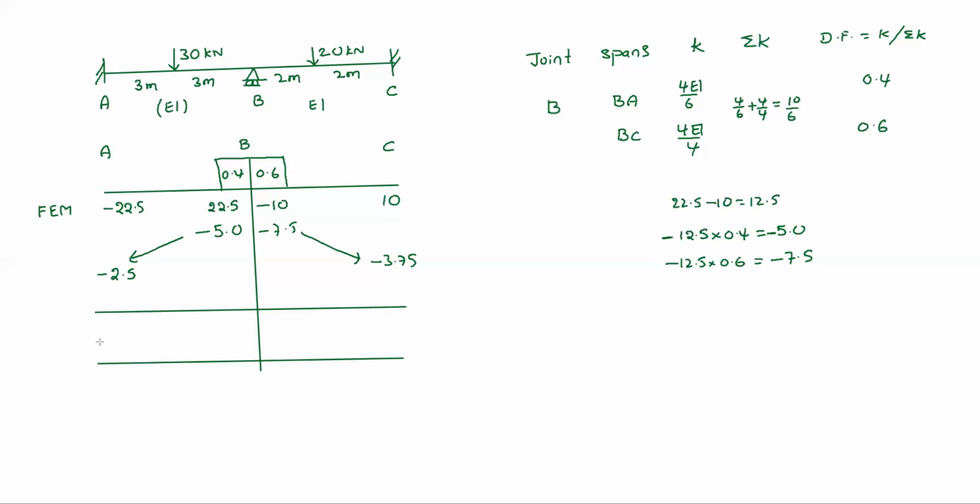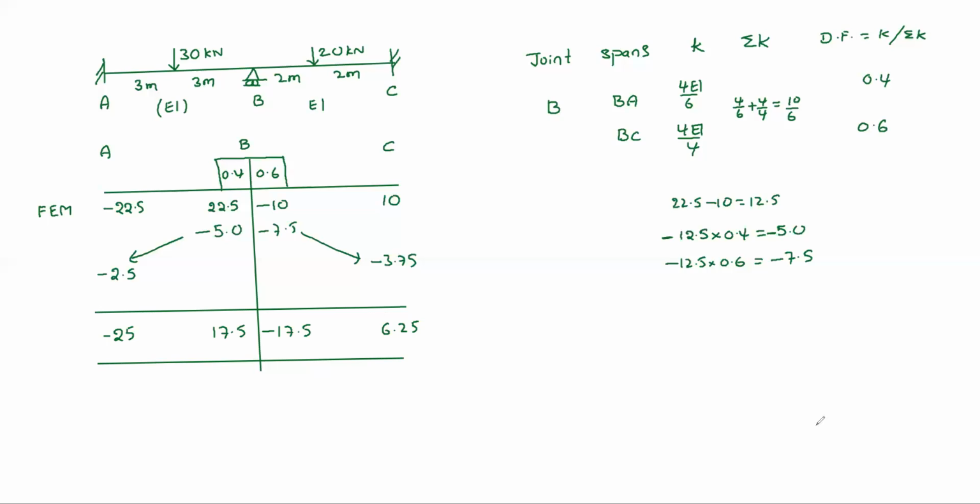So finally, now it is minus 25, minus 25. This one is 17.5, here minus 17.5, and 6.25. These are the moments. At A, minus 22.5, that means anti-clockwise, minus 25 at A. At B, 17.5.